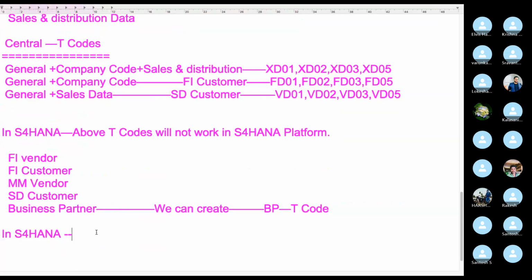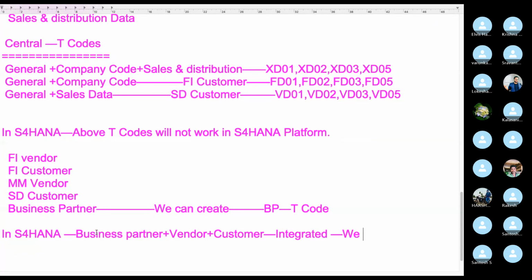In SAP S4HANA, business partner means general data. Vendor and customer are integrated. Integrated means in one place we will see all the information.